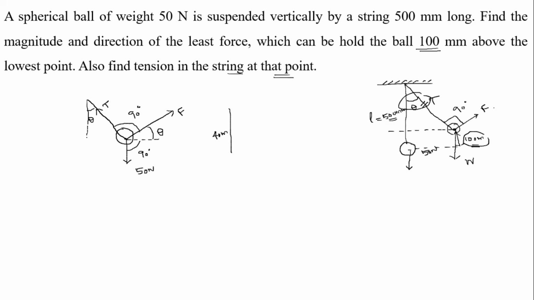So, 500 minus 100 is equal to 400. So the length of this is equal to 400 mm, or 40 centimeters, whatever it may be. This is x, we do not know this value, and this is theta, and this side is equal to 50 centimeters or 500 mm.